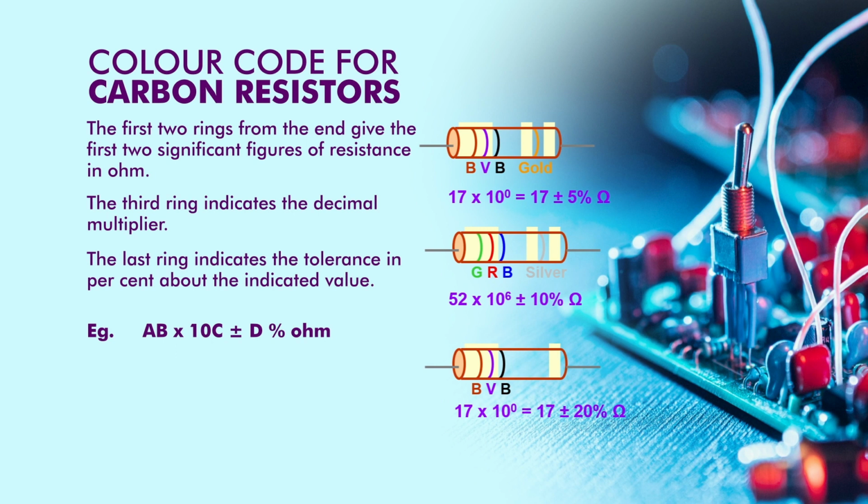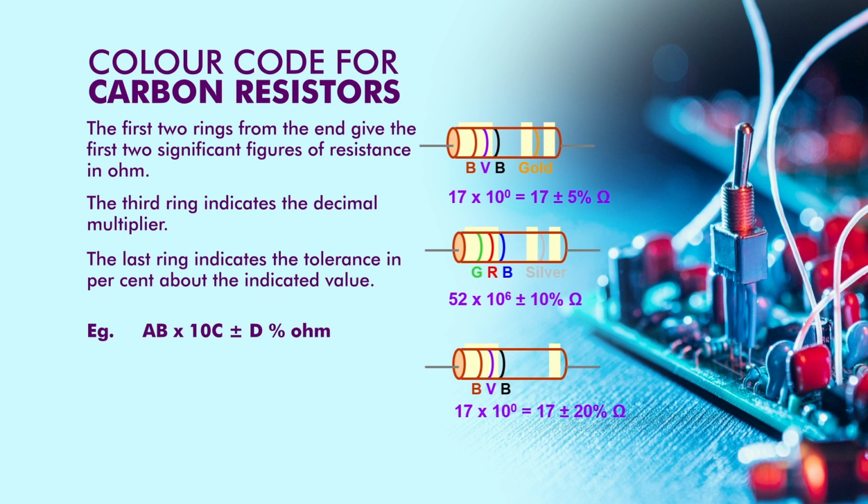Each color band represents a specific value or multiplier. The color code of carbon resistors is as follows. The first band represents the first significant digit of the resistance value. The second band represents the second significant digit of the resistance value.